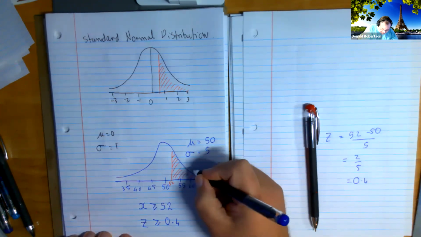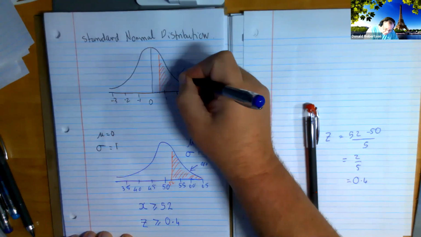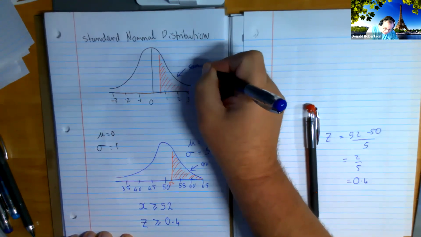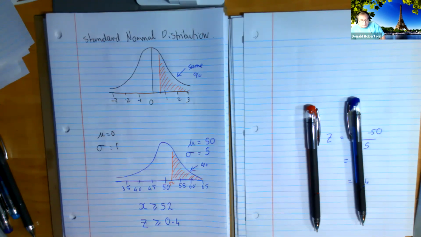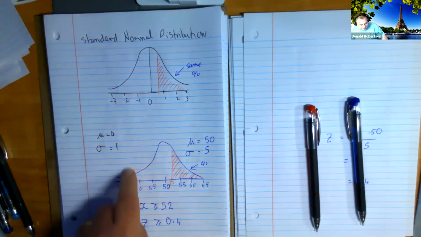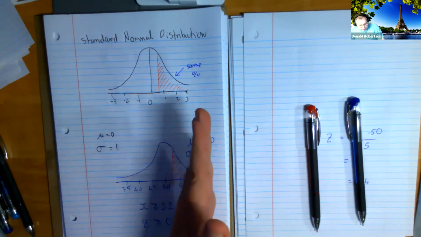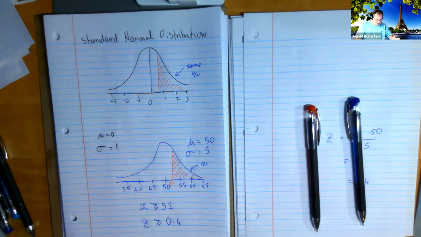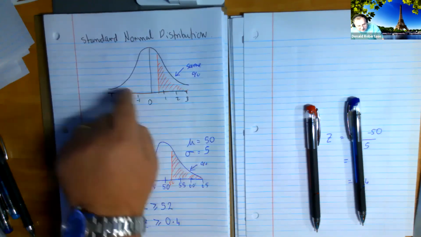Now, whatever that percentage is, do you know this guy is going to be the same percentage? Which means that we don't need to have pictures of every possible normal distribution in the world, because there's an infinite number of them, with all the different little, you know, like the pie picture I had, that only had certain numbers in it, with every possible number in it. All we need is this guy.